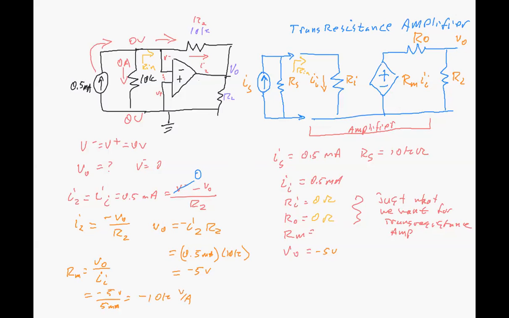And we always use volts per amp as the units, not ohms or inverse ohms: minus 10K volts per amp.